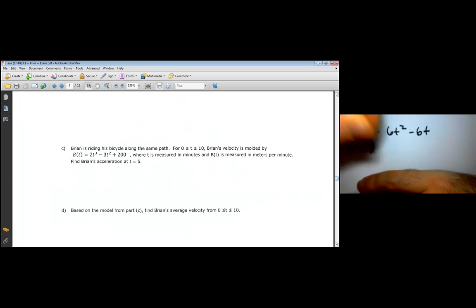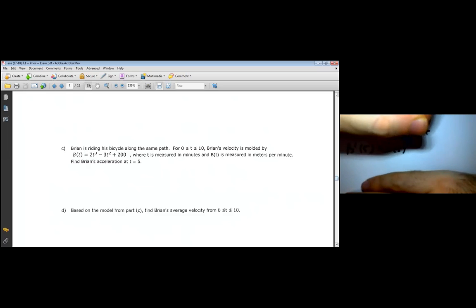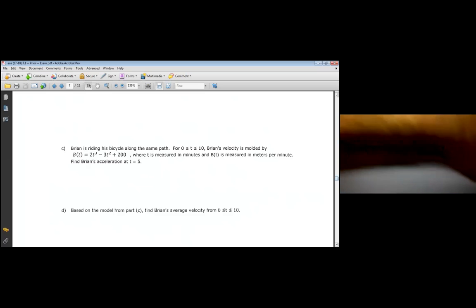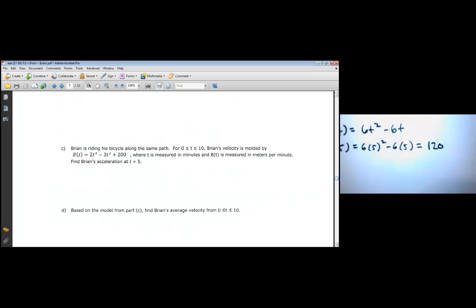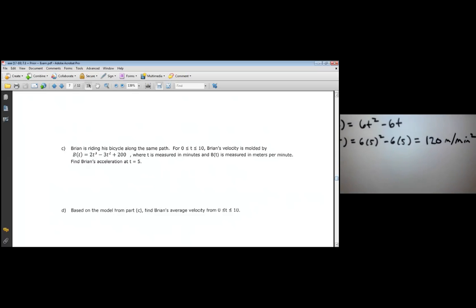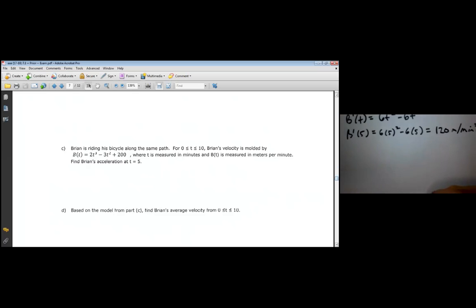So b prime of 5 is equal to, let's just toss our 5 in. And when you do that, that's going to be 120. And then what are we talking about here? Meters, we're going up a derivative again, meters per minute squared. Okay. Any questions on C?